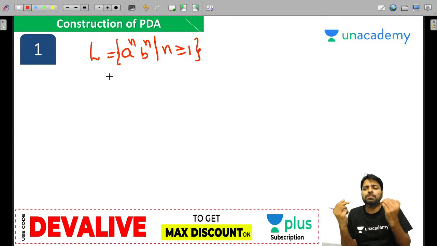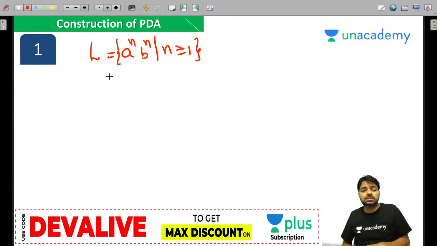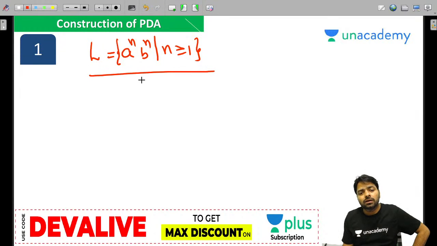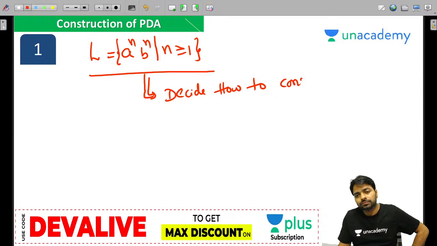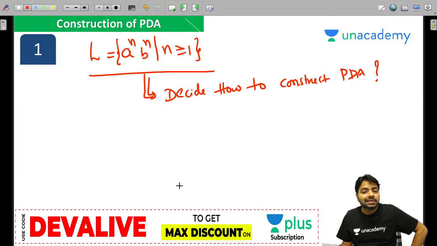First, how do you design the machine? You need to make assumptions, guys. How to represent the end of the string? Do you want to represent it using epsilon, dollar, or hash? You decide. Anyhow, you can design the PDA with any of these assumptions. First, you decide how to construct it. Look at how many options there are.